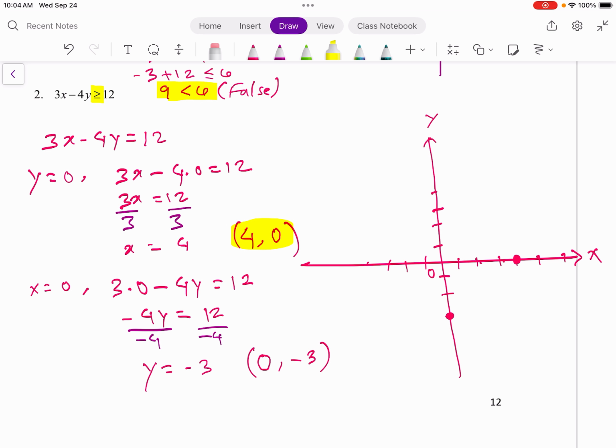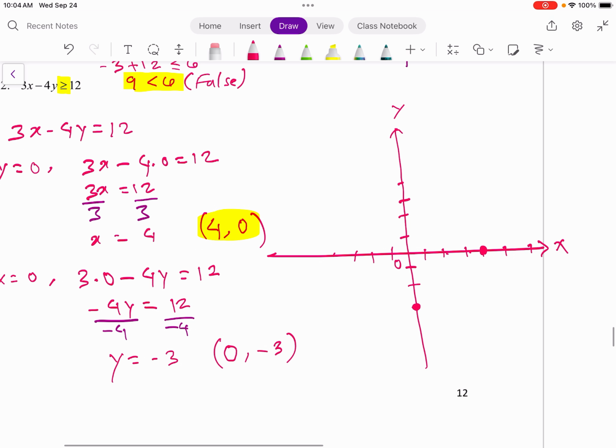If we have less than or equal to, or greater than or equal to, we use a solid line to connect the 2 points. Instead, if we have strictly less than or strictly greater than, we use a dotted line or broken line. Do not forget this one. In our case, we have equal to, so let's draw a solid line connecting these 2 points.